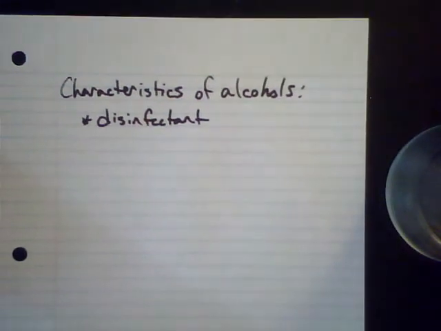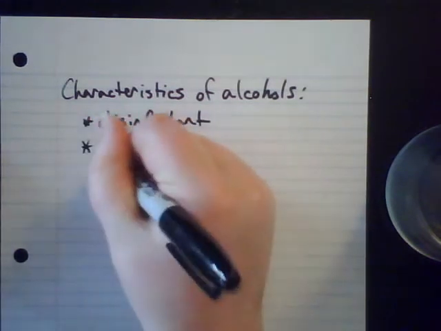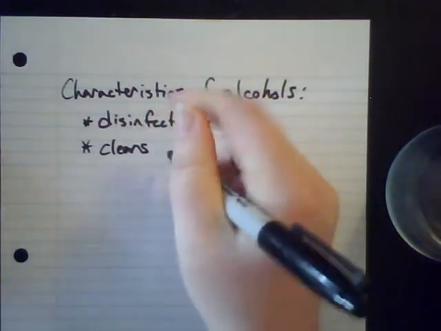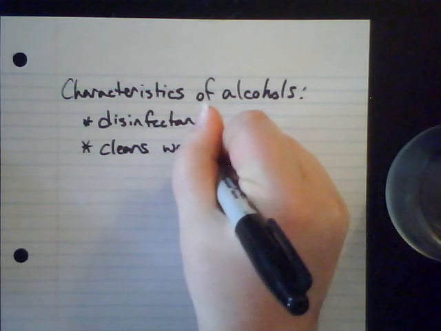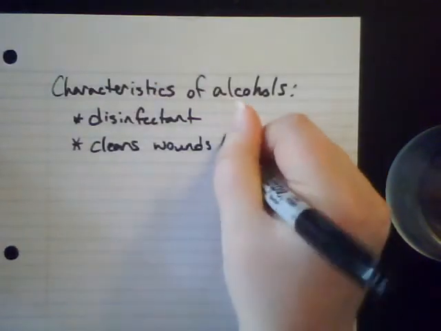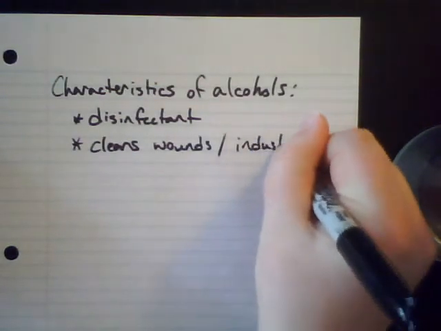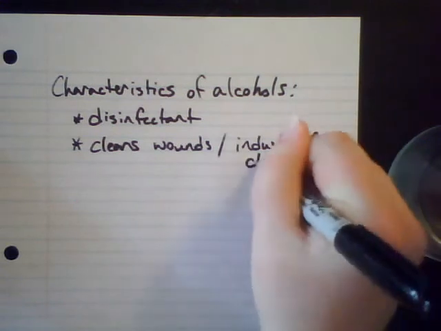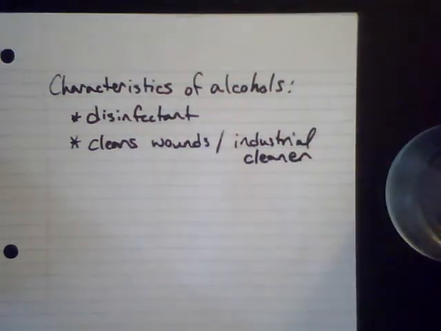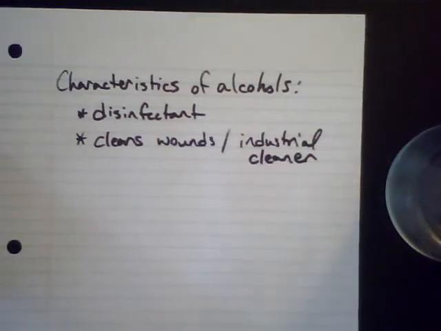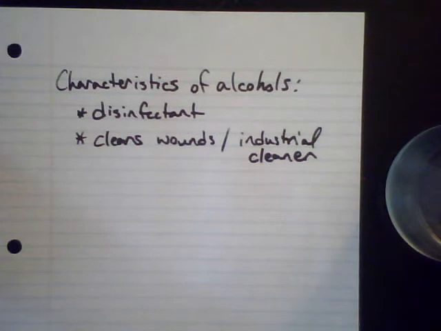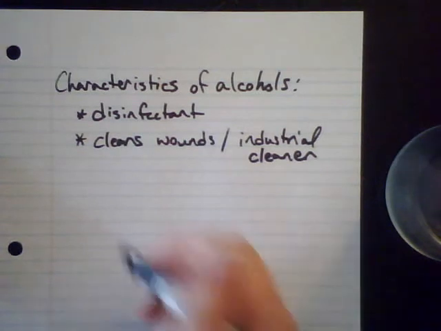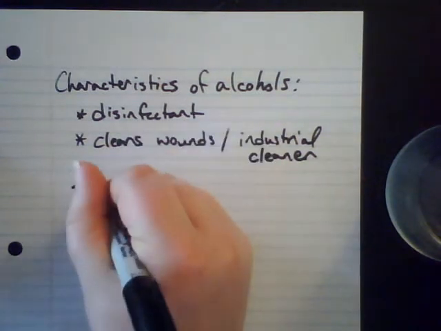It kind of helps to clean things out. If we have more concentrated alcohol, it can be used to industrially clean things. So again, that's part of its functionality. It's a good solvent. It dissolves things well.